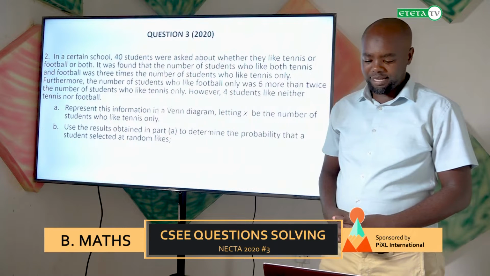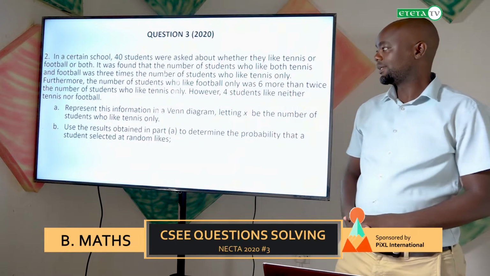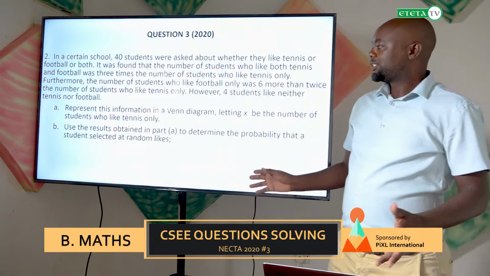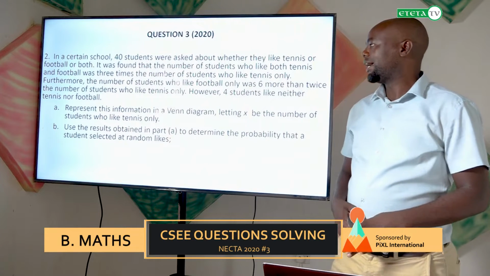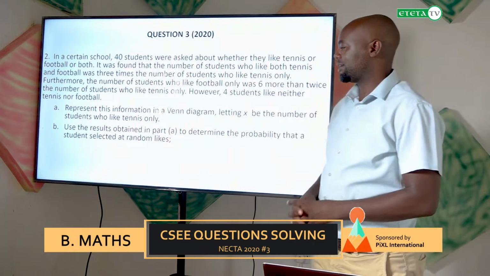Let x be the number of students who like tennis only. So from the question here, you as a student are supposed to read the question carefully and understand which topic the question comes from.